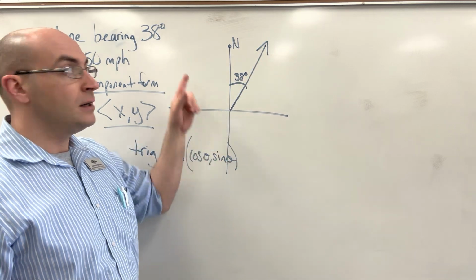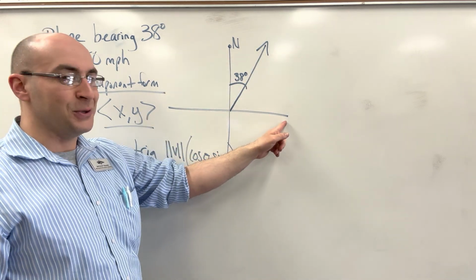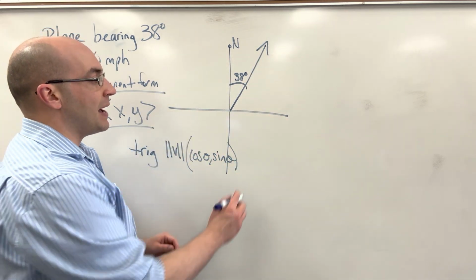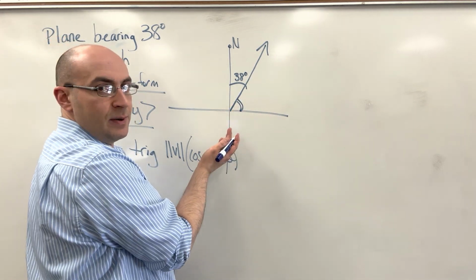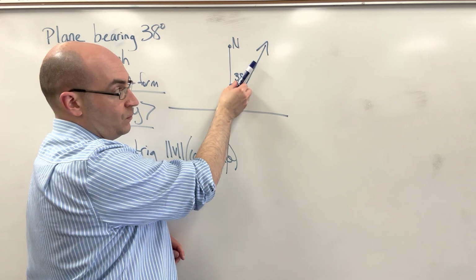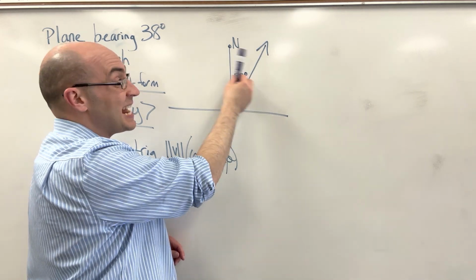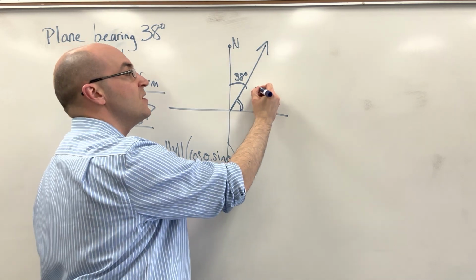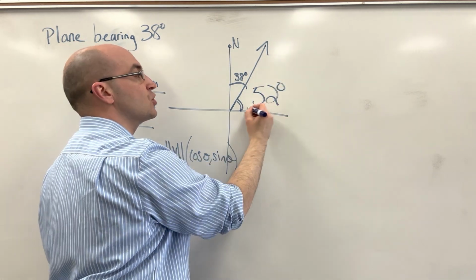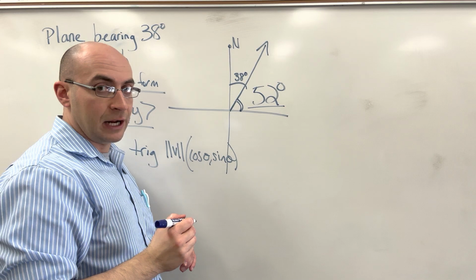Now remember, bearing starts from the north, but the unit circle starts from the east. So I actually need this angle here. Well, this one's not too bad. If this is 38, what's the difference left over in this 90-degree quadrant? Right, so we'll do 90 minus 38, which is 52. 52 degrees is the trig angle that I'm looking for, or the trig direction.